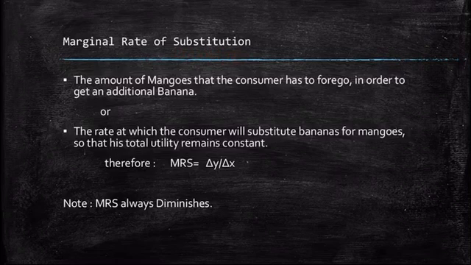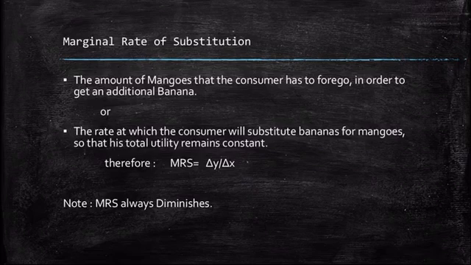To express this MRS numerically, with mangoes being good Y and bananas being good X, we can calculate the MRS by delta Y divided by delta X, which means the change in the quantity of mangoes divided by the change in the quantity of bananas.